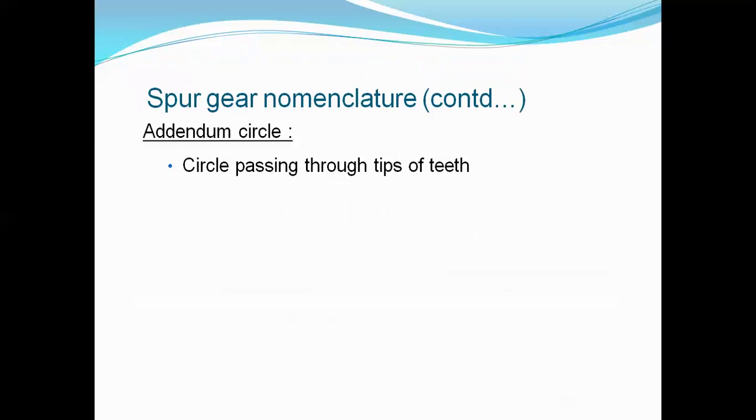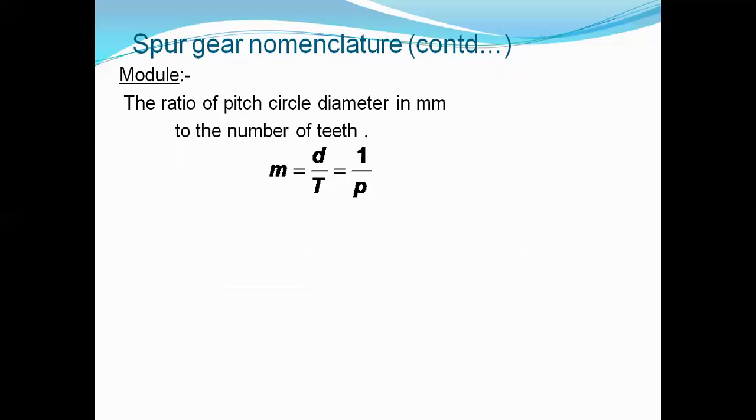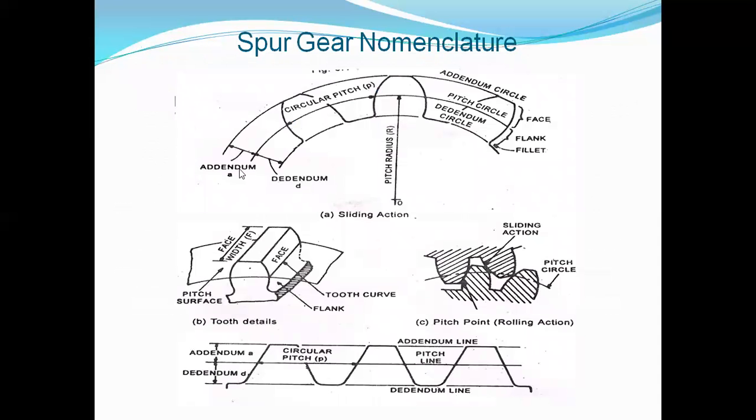Next, addendum circle: the circle passing through the tips of teeth. Observe the diagram. So this is the tip of the teeth, and this is the circle.